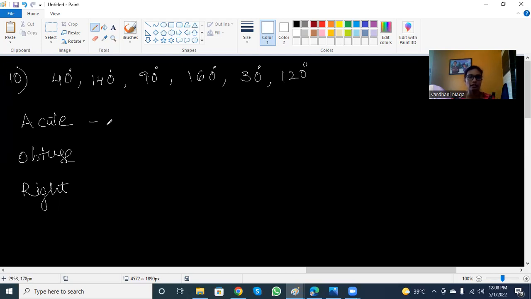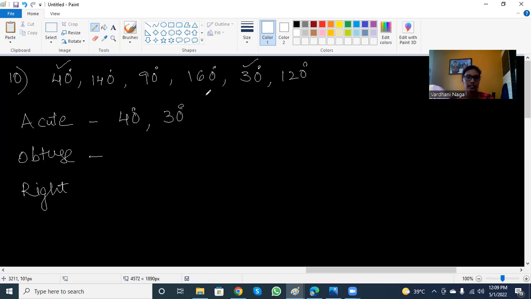Acute angles are between 0 degrees and 90 degrees, less than 90 degrees. So they are 40 degrees and 30 degrees. And coming to the obtuse angles, these are more than 90 degrees and less than 180.